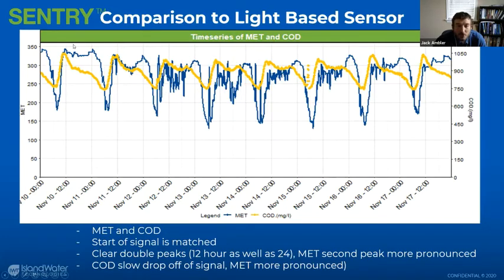You can see a little bit of the 12-hour cycle, which is kind of the second pattern in the COD, in the optical data, and you can see it a little bit more pronounced in our MET data. It's kind of interesting, we do tend to see about a 12 and a 24-hour pattern at most wastewater facilities, at most locations, as you have a lot of the wake up, going to work, go somewhere else for the day, big shower when you get home or when you leave.